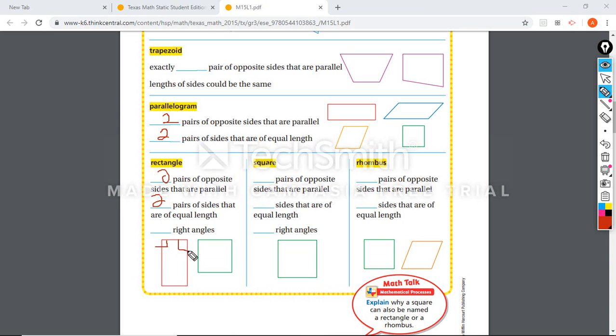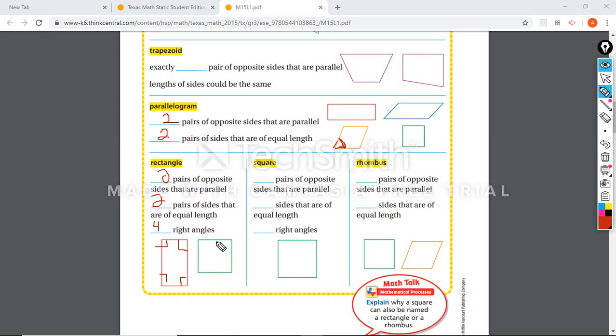Notice what a right angle looks like: 90 degrees. Notice how this is not a right angle right here. You see the difference? So it has 4 right angles, and that's why a square is also classified as a rectangle.